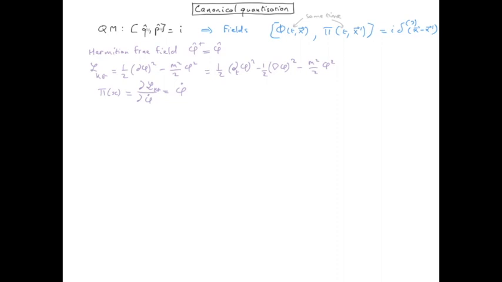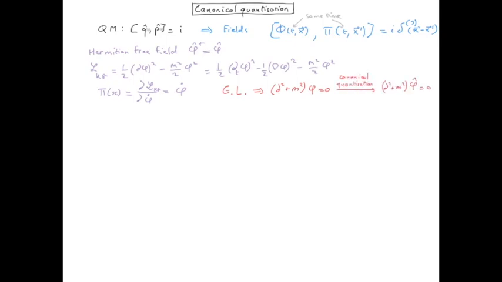In canonical quantization, we start from the classical equations of motion, and then we quantize them by changing the dynamical variable into an operator. The classical equations of motion are obtained from the Euler-Lagrange equation, which gives the Klein-Gordon equation. Now we canonically quantize by changing phi into an operator.